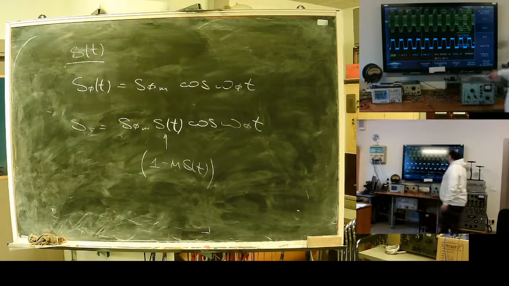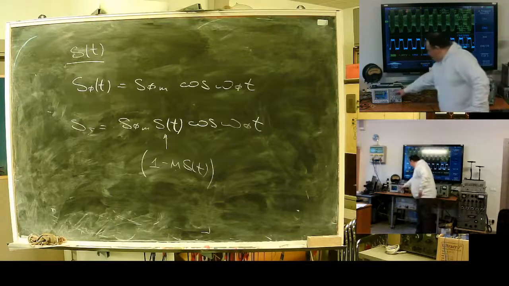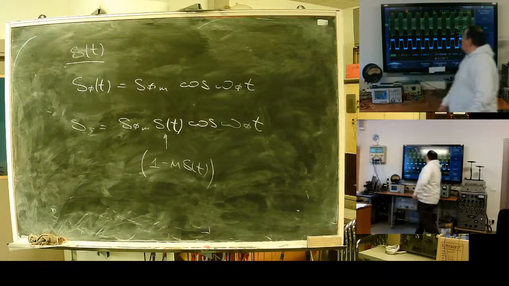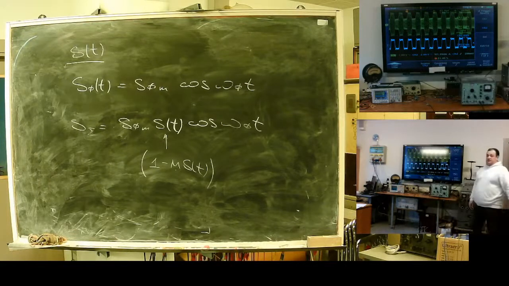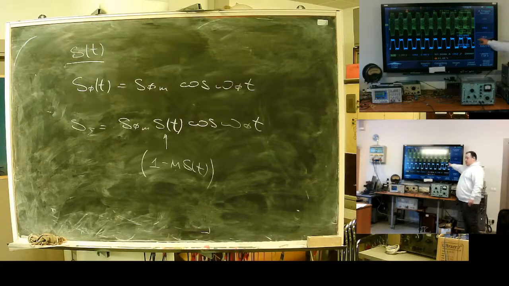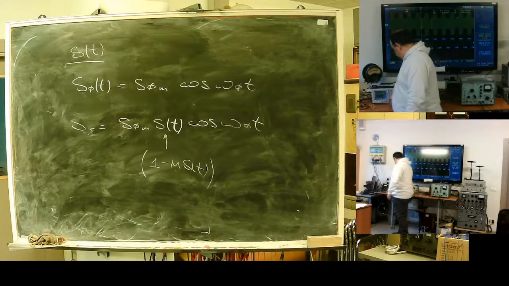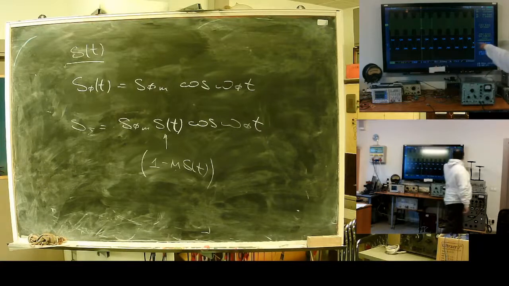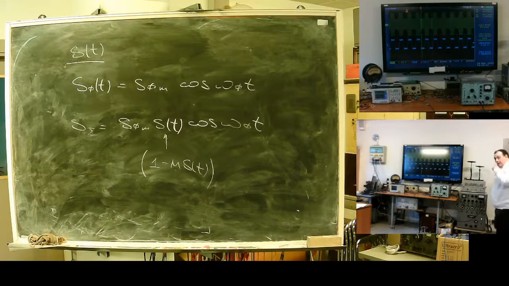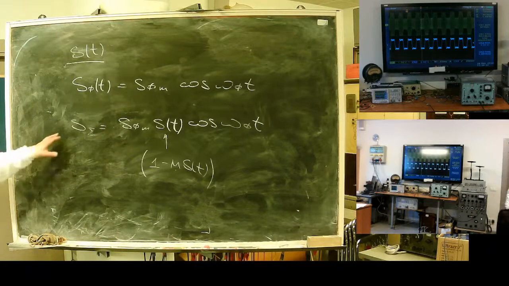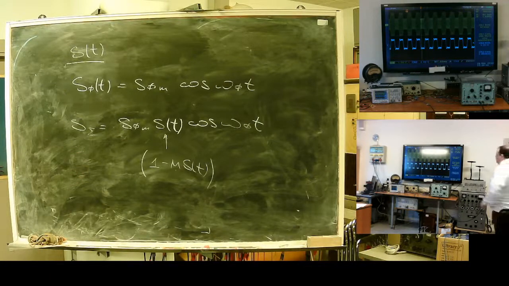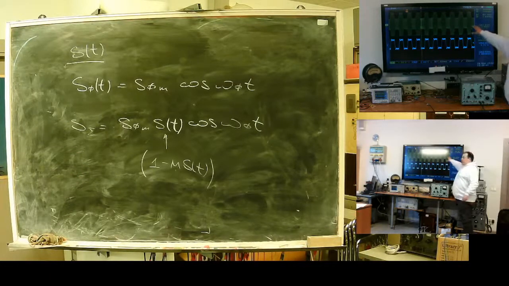Now I need to switch, and I definitely need to change the time scale. You can see it: 100 kilohertz being subject to my signal at 1 kilohertz. You see? It's called amplitude modulation. Now I have 100 kilohertz, whose amplitude changes with this signal.